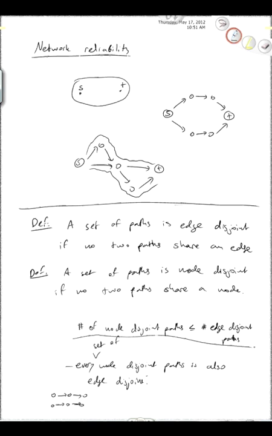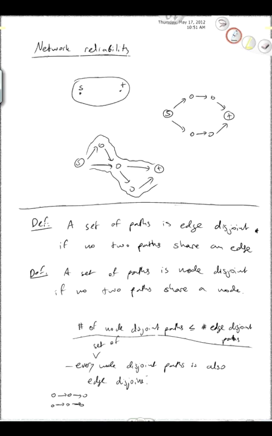But what we want to do in terms of the network reliability application is, if somebody comes along and gives us a network like this one, say, I want to be able to count the number of edge disjoint paths in the network. So let's just focus on edge disjoint for now.